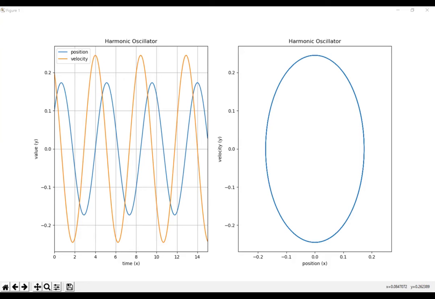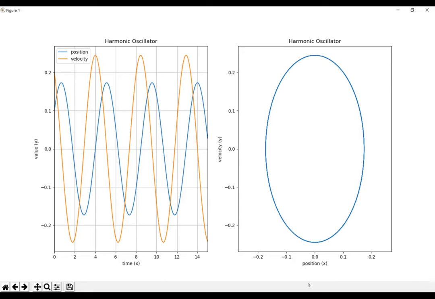And as for omega, we pick the square root of 2, so that omega squared is just 2. And I let the system run for 15 units of time. So on the left, you see the graphs of the position and velocity variables as they evolve over time.